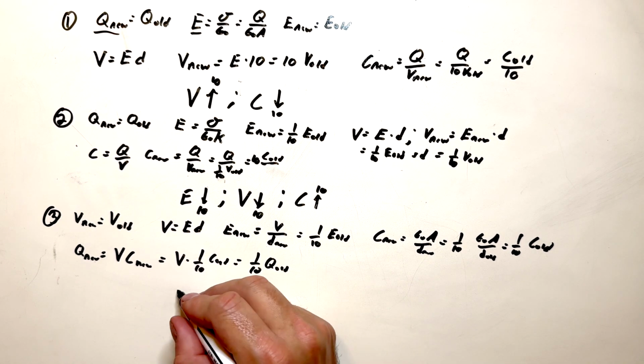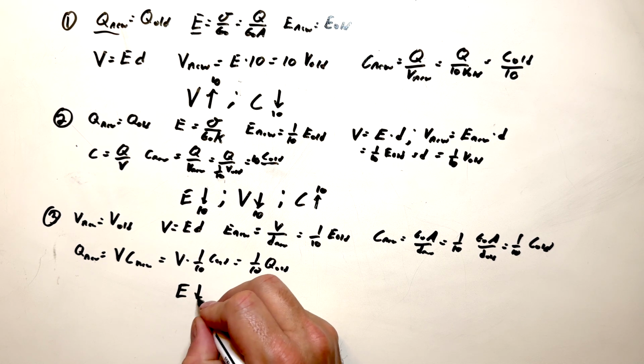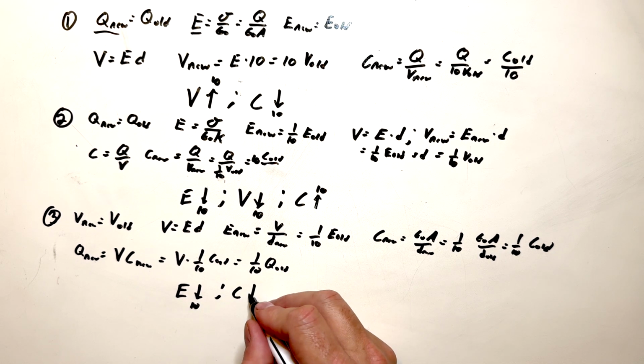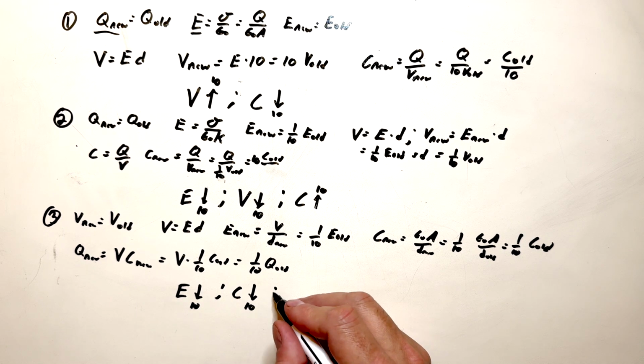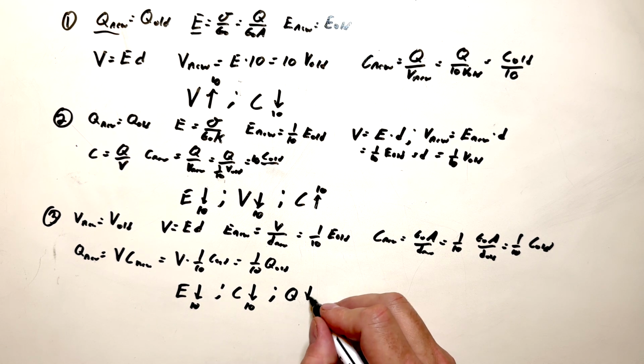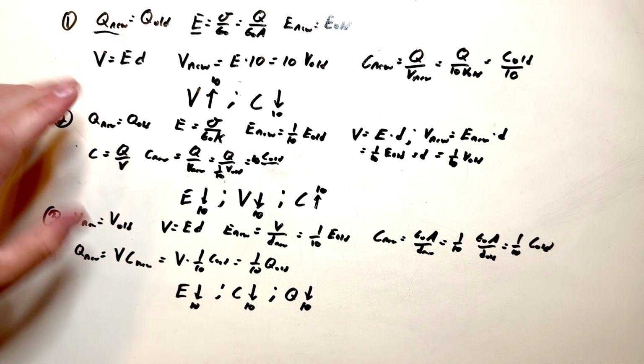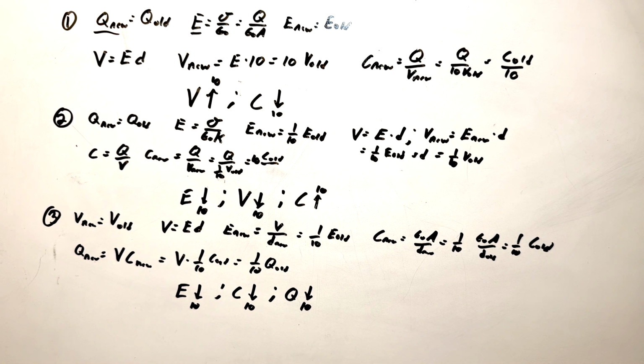So let's summarize this. The electric field goes down by 10. The capacitance goes down by 10. And the charge goes down by 10. You can contrast that with 1, in which the battery was disconnected.